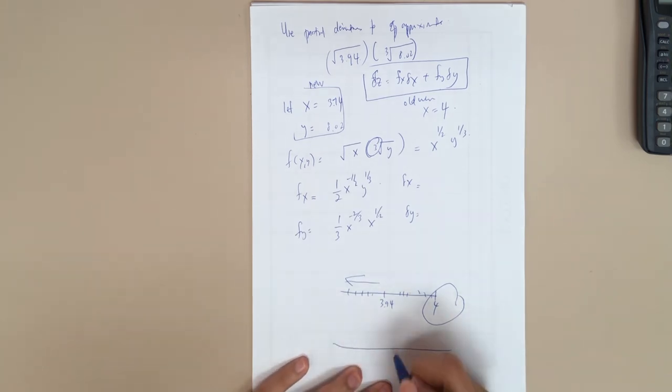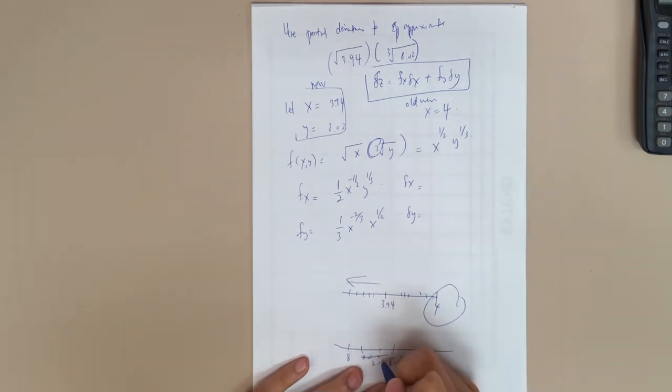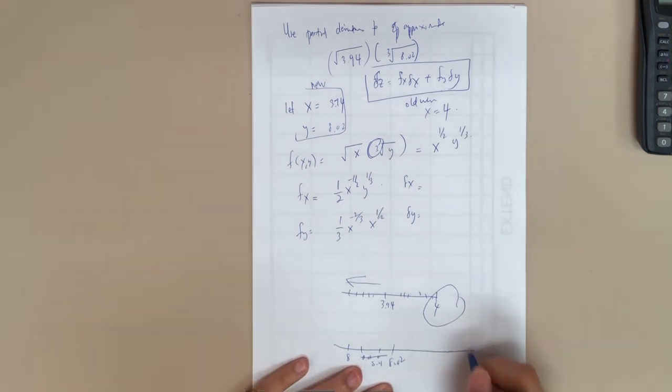So you have 8.02 here. At the left hand side you have 8.01, 8, and at the right hand side you have 8.02 and so on. But the whole number that appears here is 9.